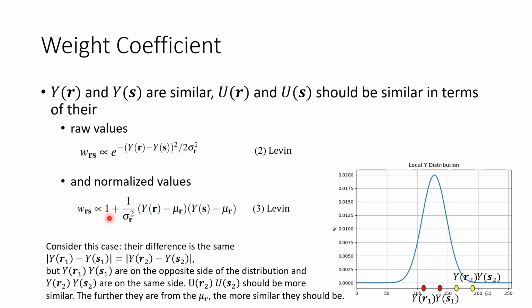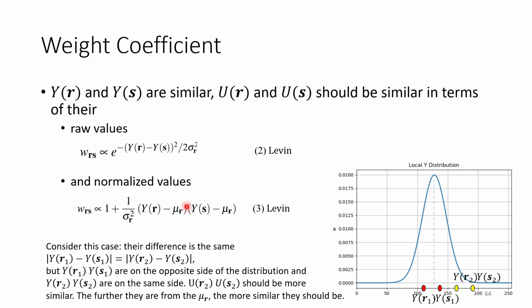So here you have 1 plus a certain product. What is the product? Mu is the mean, the vertical line here. If the Y value of R and of S are on the same side, either this side or that side, then the term will be positive, because positive times positive is positive, and negative times negative is also positive.